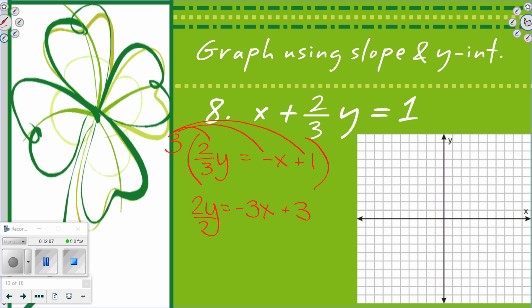Then I can divide everything by 2. You might confuse yourself dividing by 2/3. So y equals negative 3/2x plus 3/2. Now, notice I'm not writing 3/2 down there, because that's my starting point. Where's 3/2?